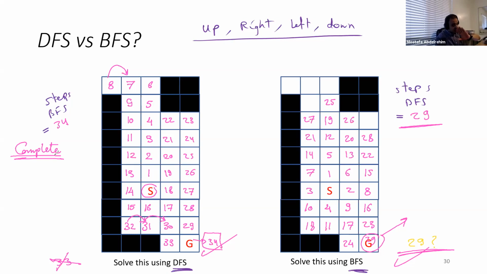And if there is no route from the start to the goal, for example, if there is a wall here, it will give you an empty route array, meaning there is no route. And it also guarantees the shortest path.